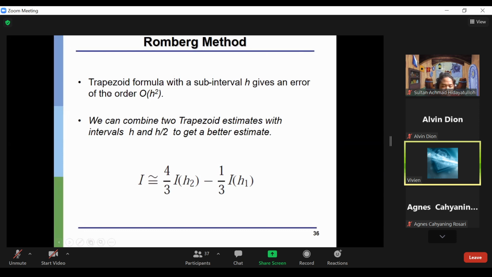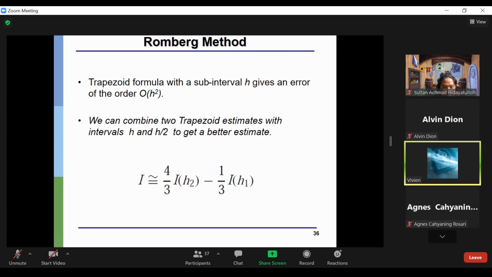If we have a trapezoidal rule with a subinterval h, that will give an error of the order of h squared. So if, for example, we want to increase to a higher order scheme, we can combine 2 trapezoids, which are estimated at the interval h and half of h, to get a better estimate.